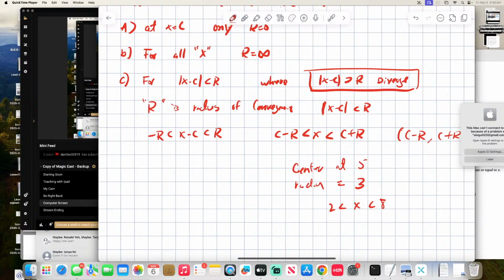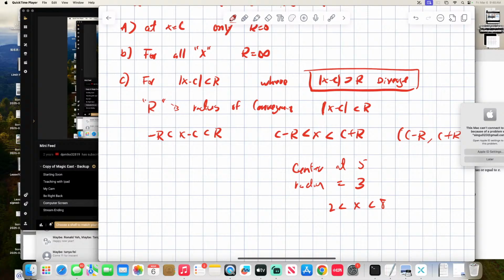Yes, Kusham? Isn't it meant to be absolute value of x minus c is less than r converges, where absolute value of x minus c greater than r diverges? Yeah, greater than r diverges. So anything that is 9 or 10, they all diverge. So what would happen when it's less than r?